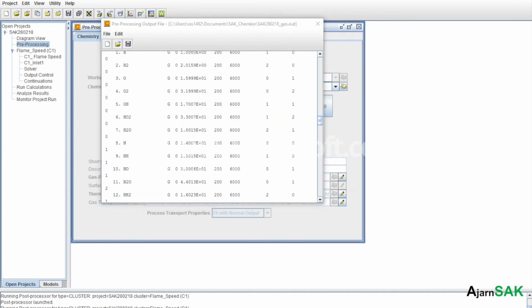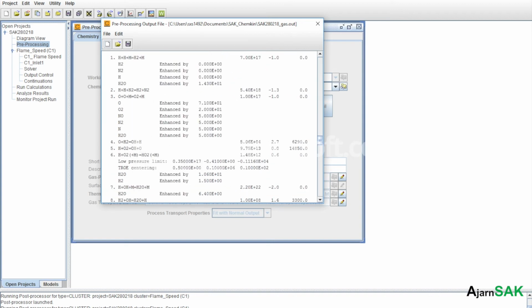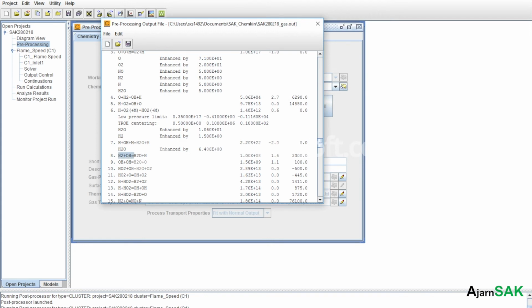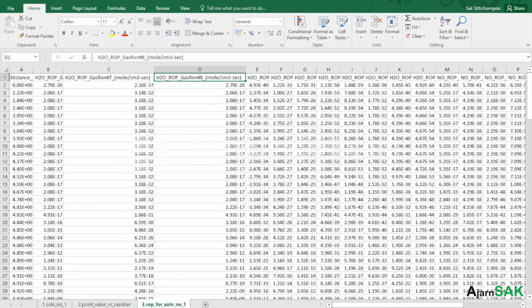Okay, these are reaction number 1, 2, 3. Go to 8. You see, it says that the rate of production of water from this reaction is that much. You see, it's very detailed. You know that much at that certain length. At that certain point, you are producing water with that rate. This is that detail.